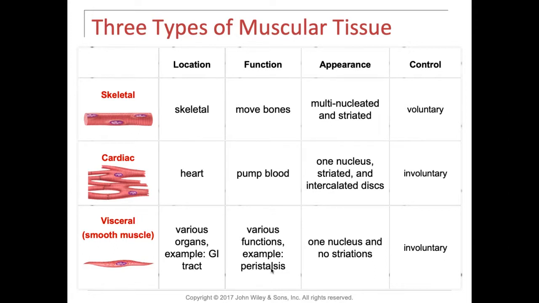Reverse peristalsis involves vomiting. That's when it goes backwards. Now, smooth muscle or visceral muscle is involuntary, as is cardiac muscle. The only one that is consciously or voluntarily controlled is skeletal muscle, because skeletal muscle is the type of muscle that attaches to your skeleton.